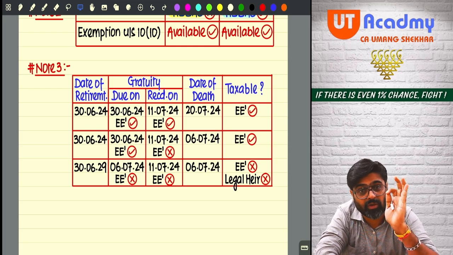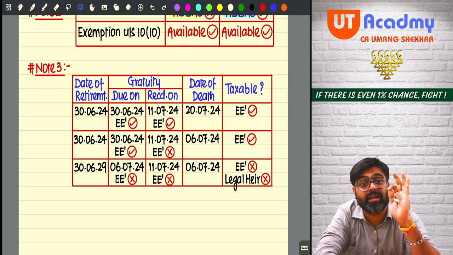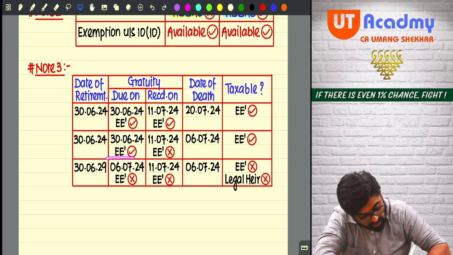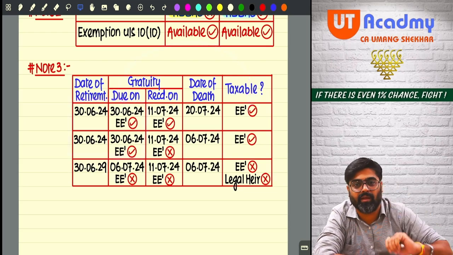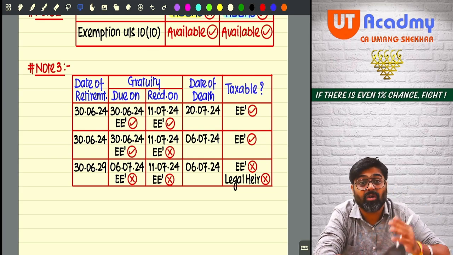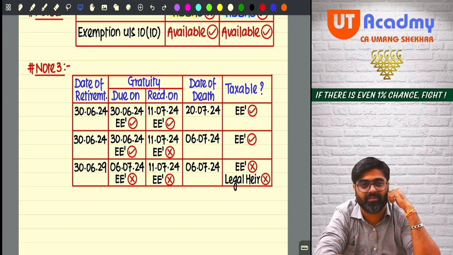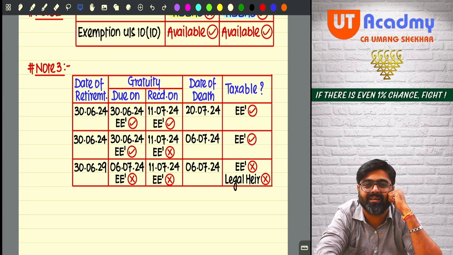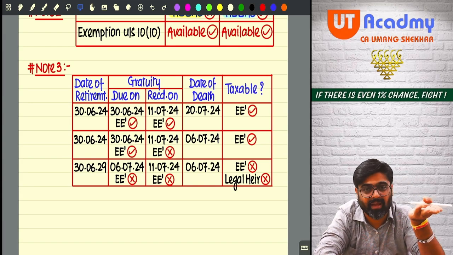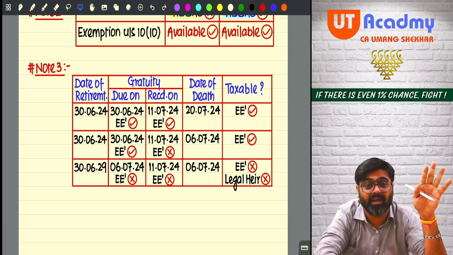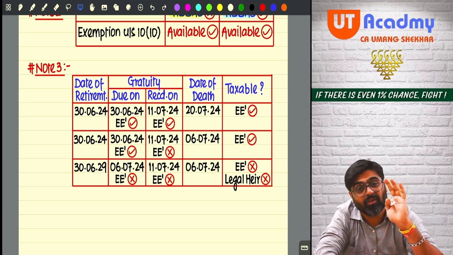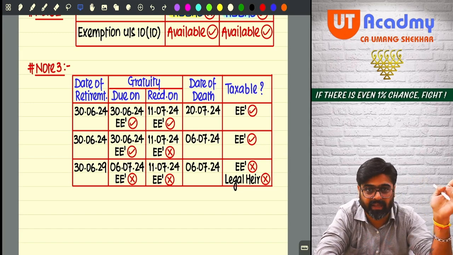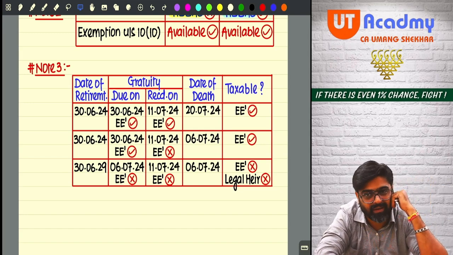So whatever gratuity becomes due on retirement will always be charged in the hands of the employee after taking the exemption, because it is becoming due in his hands. Whether it is received by him or received by his legal heirs will not make any difference. It becomes due in his hands, so it will be chargeable in his hands after taking the exemption. Done? Sure. Last case.